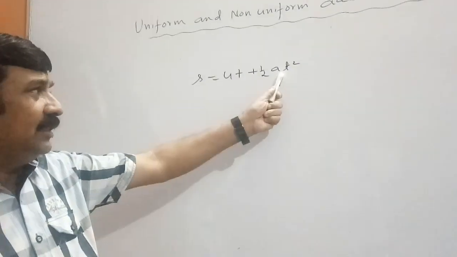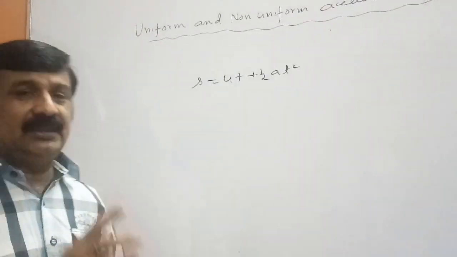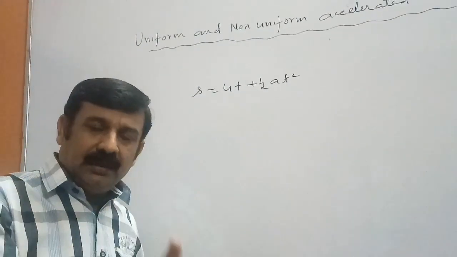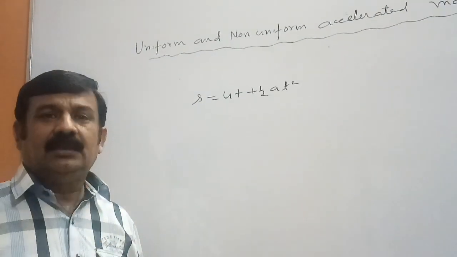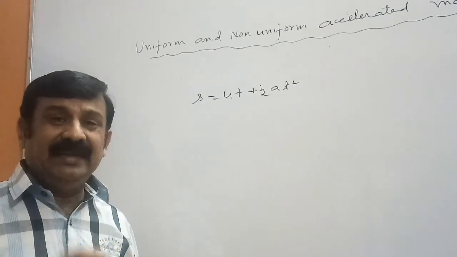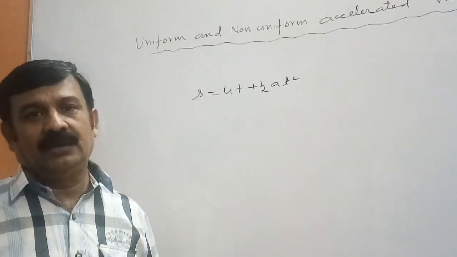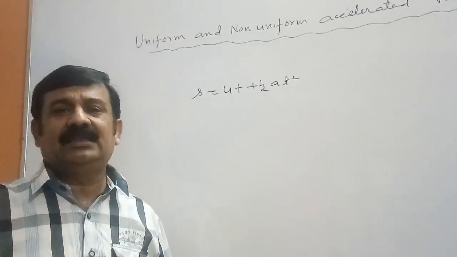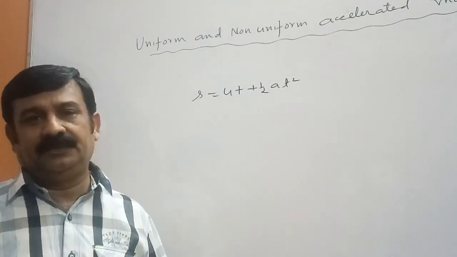Similarly, by putting t is equal to 10, we get the distance traveled in 10 seconds, but the distance traveled in the 10th second will be different.